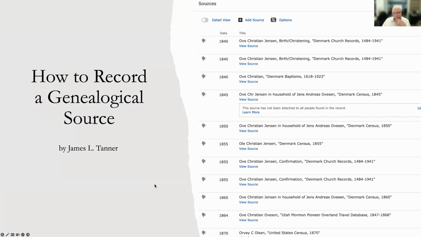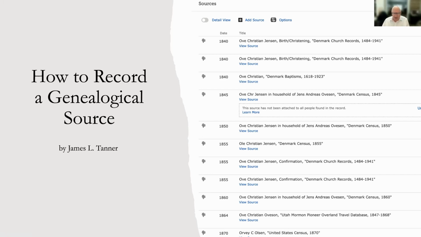I'm showing here a source list from the FamilySearch.org website. And this is kind of the evolution of the source list, and I suspect that it'll continue to evolve a little bit.